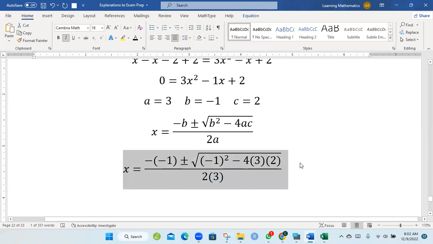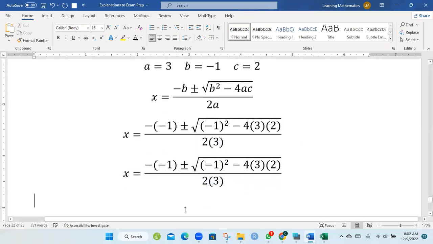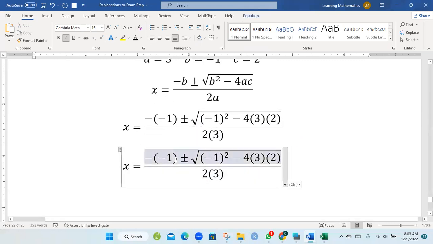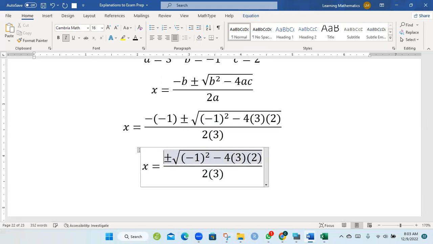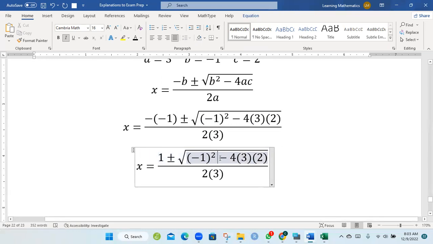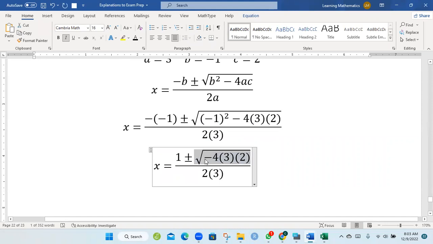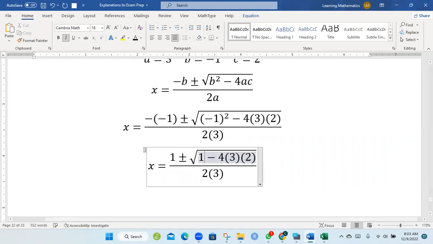Now, here we have negative of negative 1. Negative of negative will give us a positive. So this is positive 1 right here. A negative 1 squared is a positive 1. And we have negative 4 times 3 times 2. So that is negative 12.